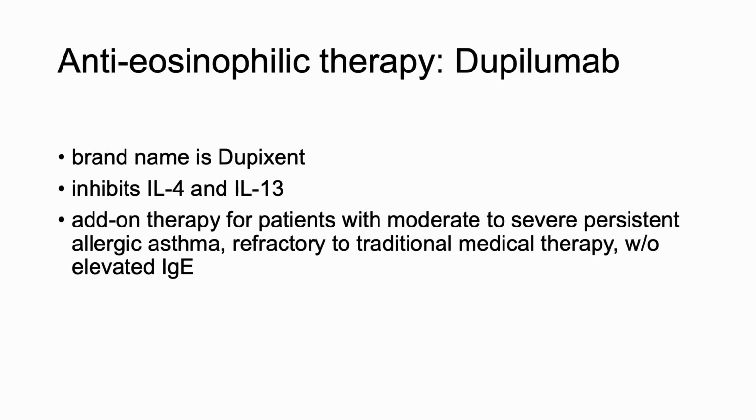Dupilumab, also known as Dupixent, inhibits IL-4 and IL-13. It is an add-on therapy for patients with moderate to severe persistent allergic asthma, refractory to traditional medical therapy without elevated IgE levels.